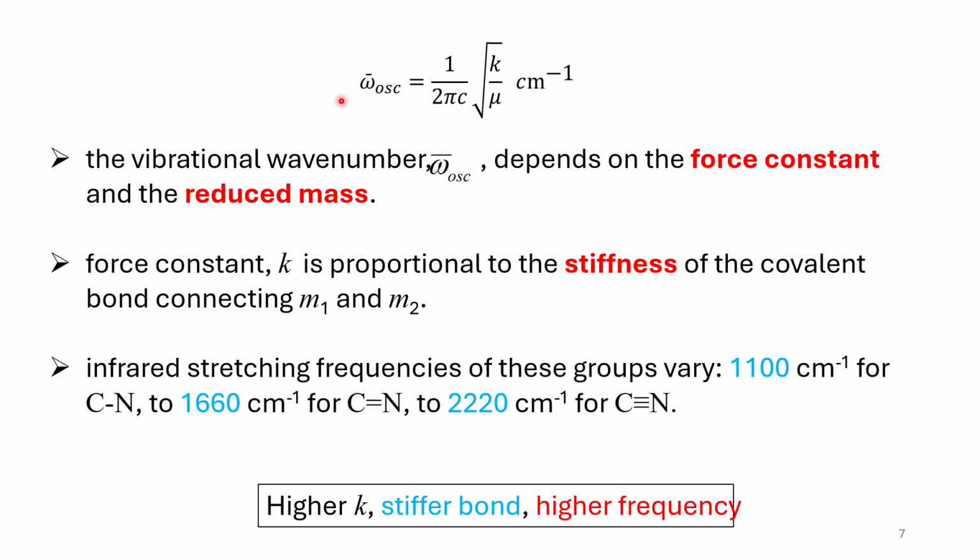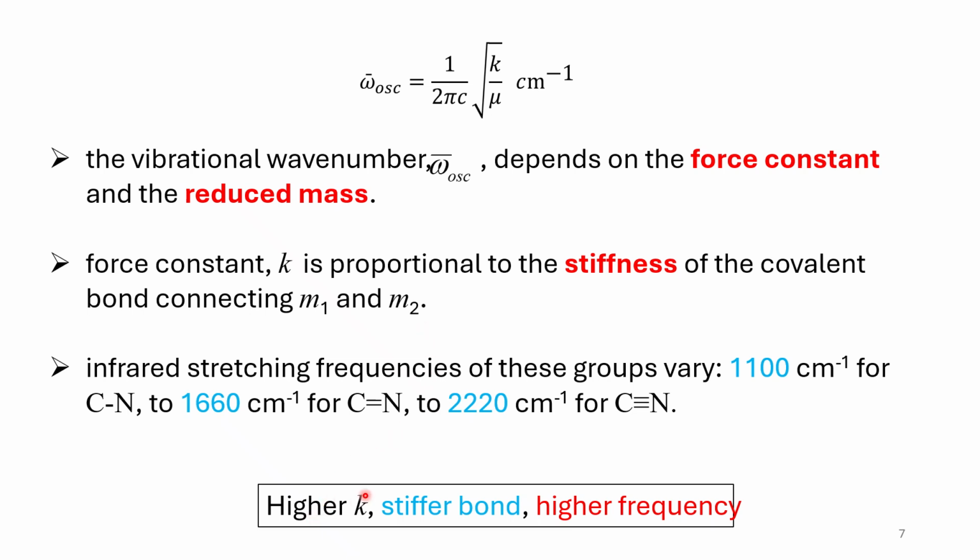From these equations, we can see the relations between the force constant, the strength of the bond, and the vibrational frequency, and also the reduced mass of the molecule with the vibrational frequency. The vibrational wave number depends on the force constant and the reduced mass. The force constant is proportional to the stiffness of the covalent bond that connects the two atoms m1 and m2.